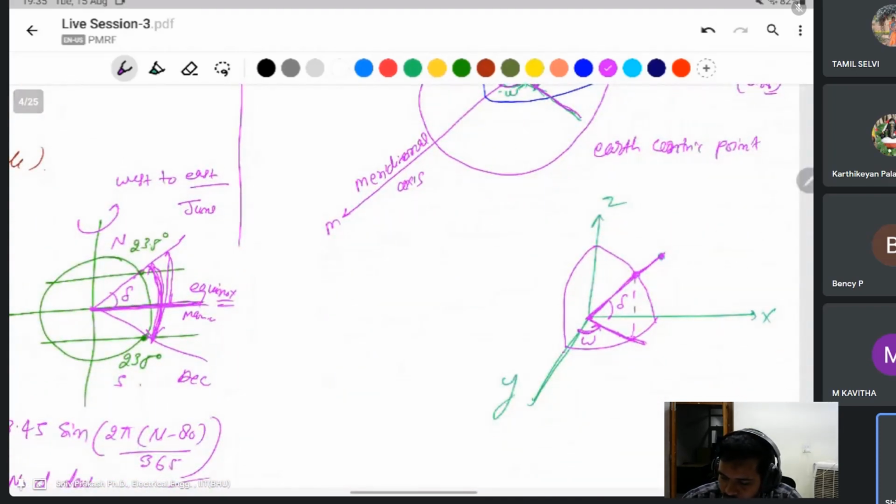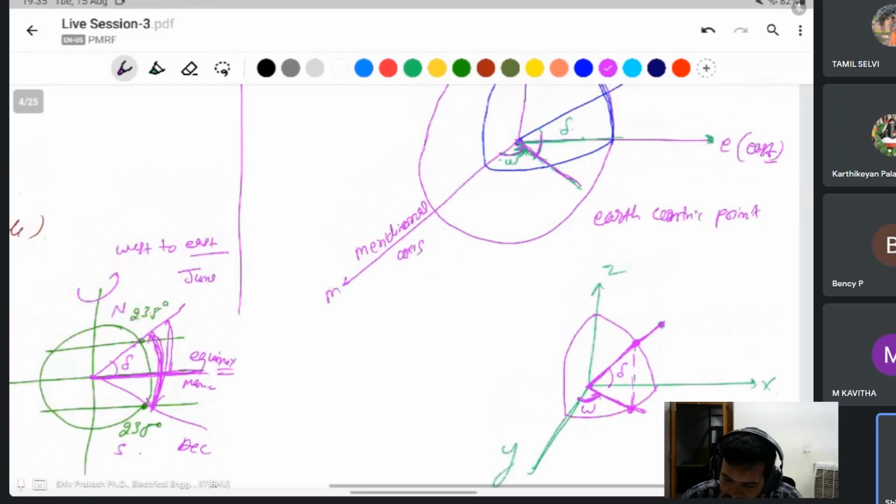This one is the point, and the projection of this one is on the normal surface, so that plane horizontal surface. This will vary with the angle omega, depending on the hour time of a day, and delta depending on the day of the year.